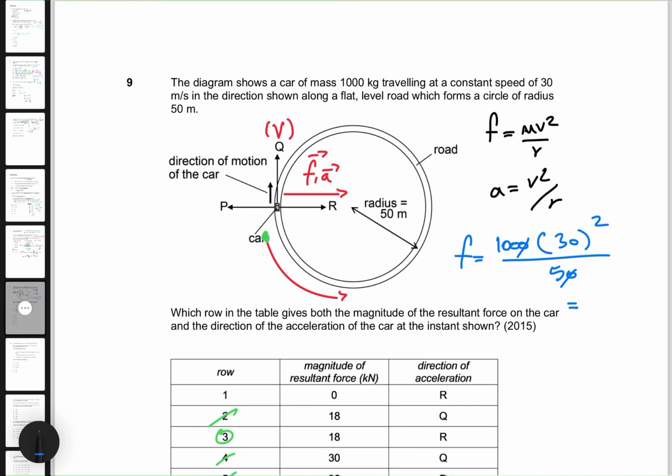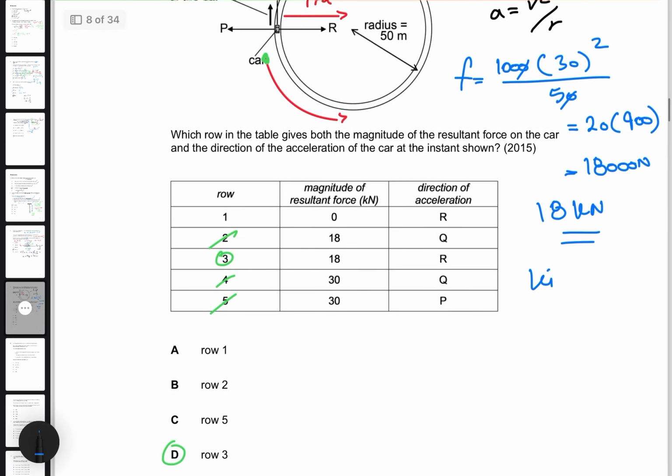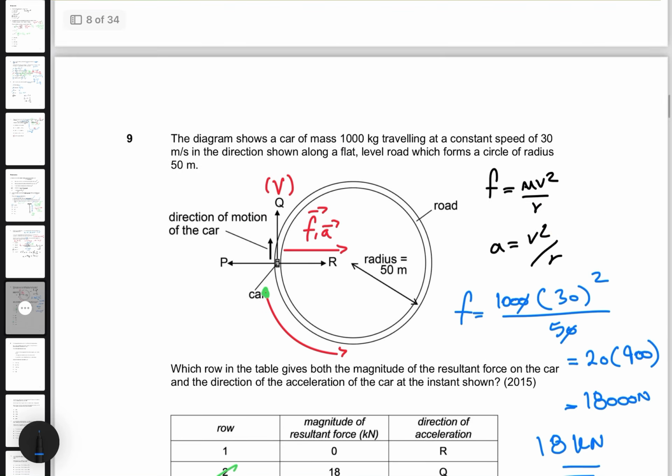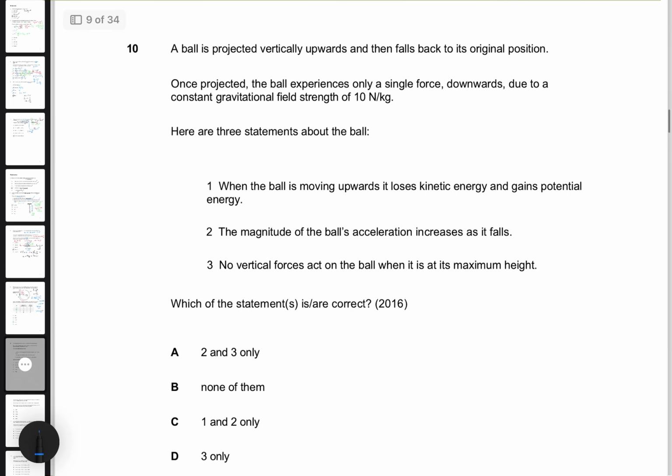So these zeros cancel out, and 100 divided by 5 is equal to 20. And 20 multiplied by 900 is equal to 18,000 newtons, which can be written as 18 kilonewtons because each kilo stands for 1,000. So that's it. As you can see, you can solve it and find the answer, or you can just guess it because you obviously have force and force is not equal to 0.